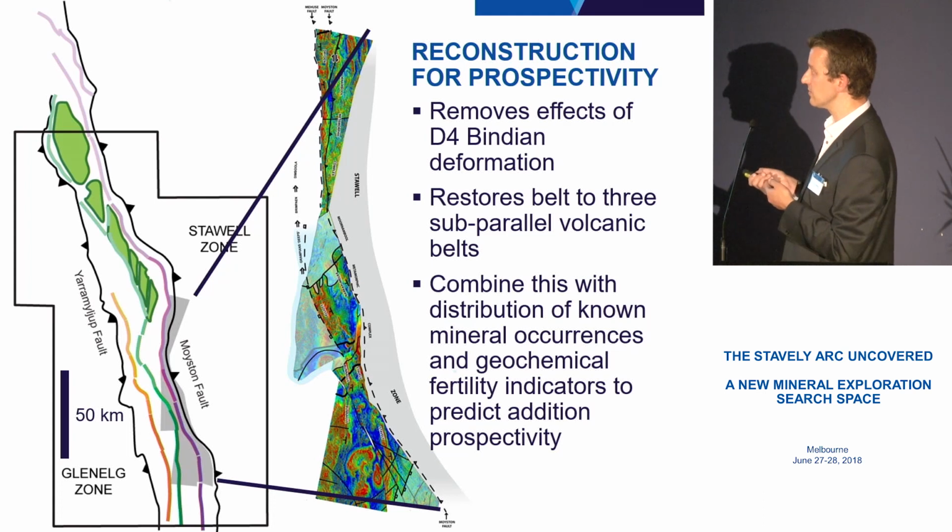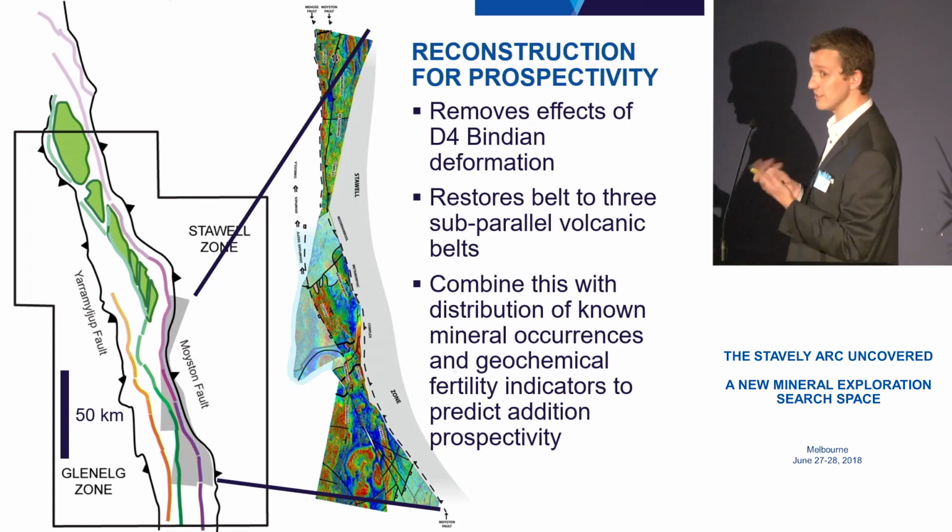So it's not like we're expanding. We're not saying there's no mineralisation down here, and then at this time it had moved a significant distance. It hasn't moved that far, but we're saying there's prospectivity nonetheless. And then we touched earlier on the fertility indicators as a predictor for additional prospectivity for VHMS and porphyry systems.